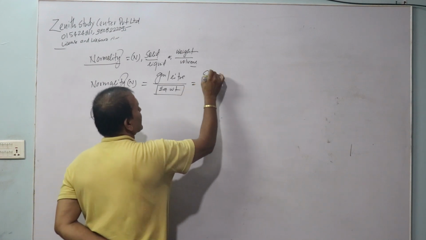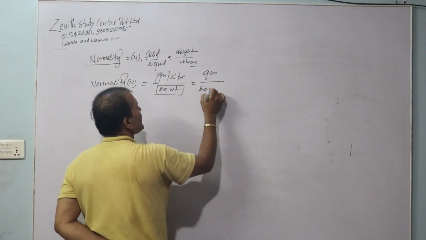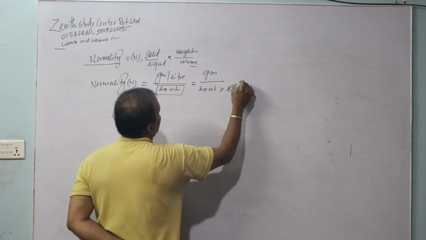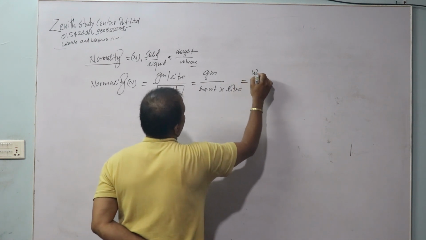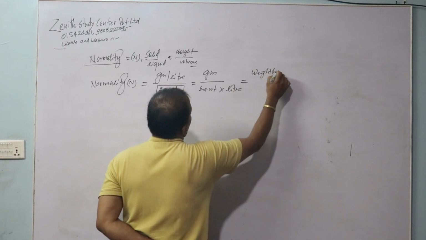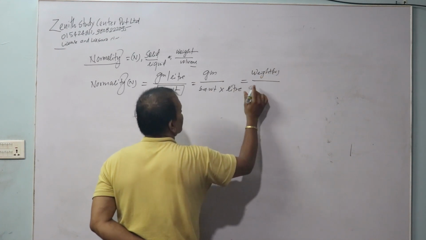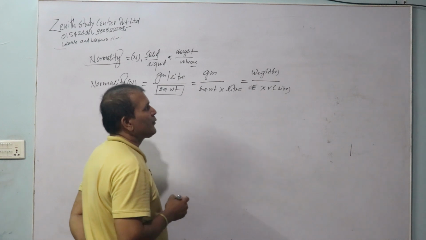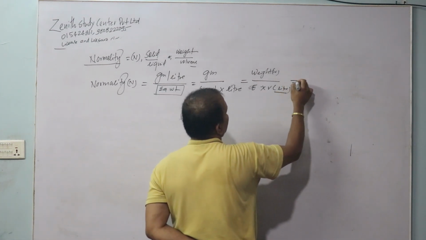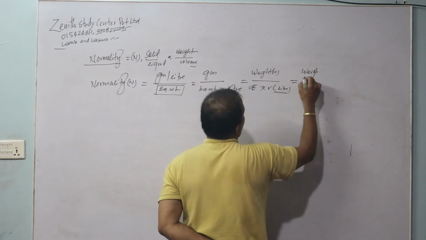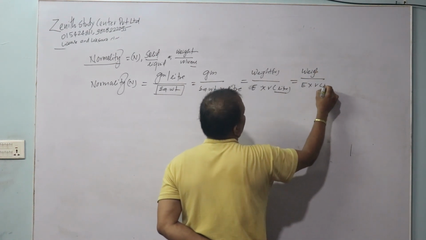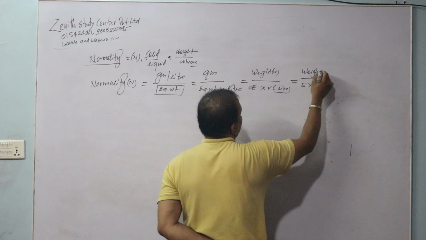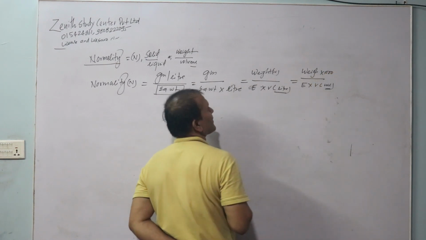You can write it as weight W in grams by equivalent weight E into volume V in liters. If the volume is not given in liters, the formula becomes W by E into V in ml, with 1000 as the multiplier when you convert ml to liter.